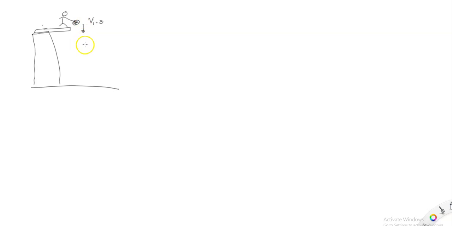And what kind of motion is this? If you just release it, if you just let it go, it's gonna start from 0, but the speed is going to increase. Why? The Earth underneath has something called gravity, gravitational attraction.